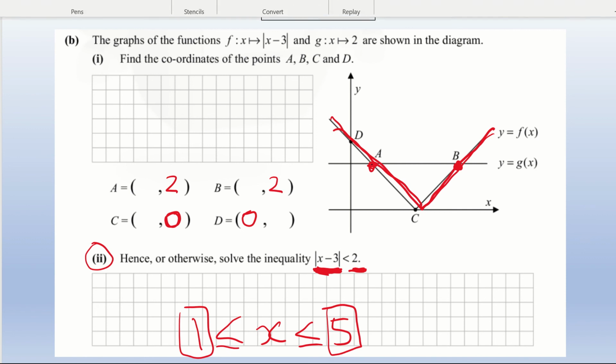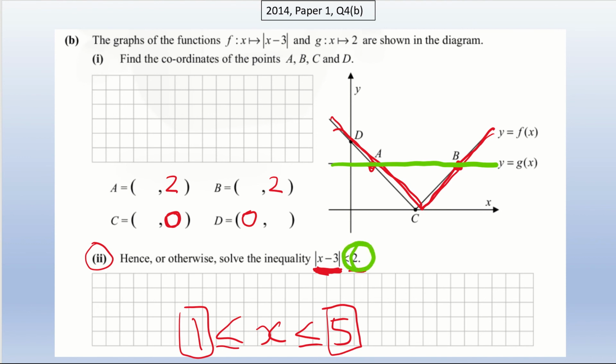Let me just do that in a different color. Let's go green. This line here. So that's that one. So let me underline that in green. And the red line is, let me just go back to my red marker.